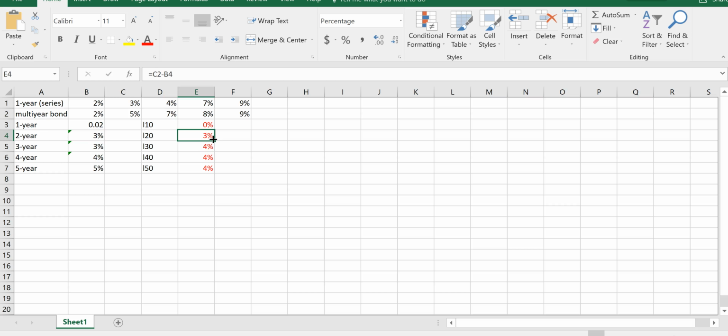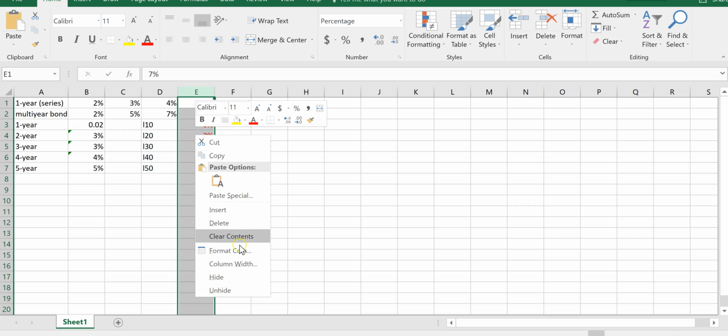Why does this equal 3%? That's kind of interesting. This should actually be 2%, because this is C2 minus 3%.